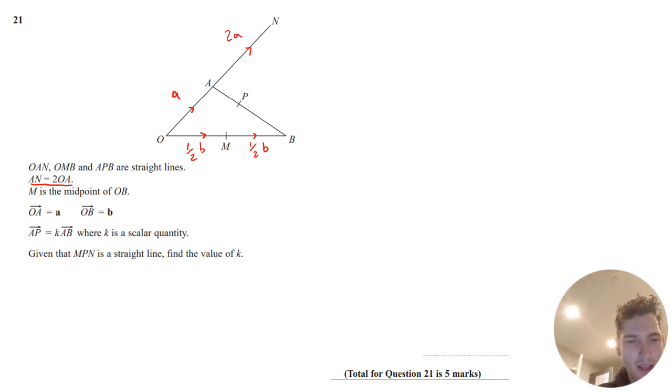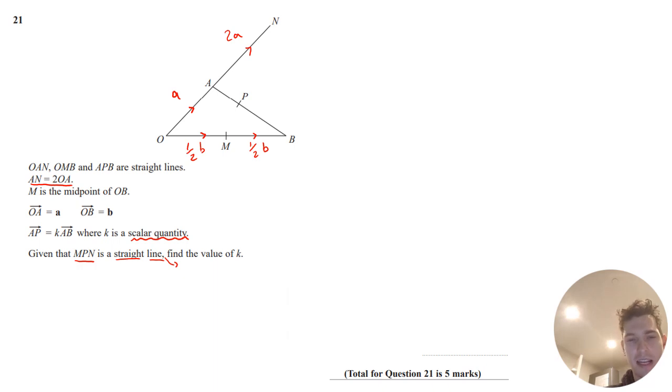Okay. AP equals KAB, where K is a scalar quantity. What that means is just a number. And it says that given MPN is a straight line, find the value of K. Okay, so I know that when I've got a straight line, all of the vectors along that straight line are multiples of each other.